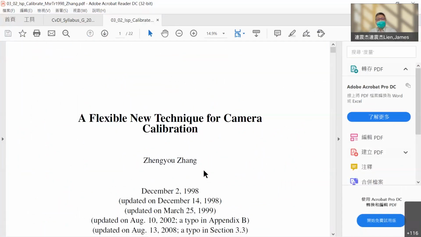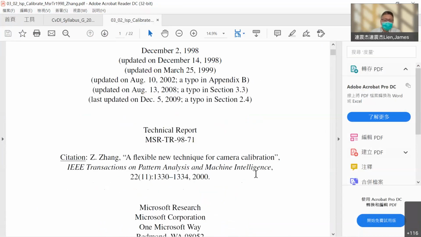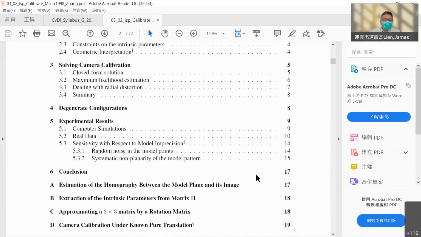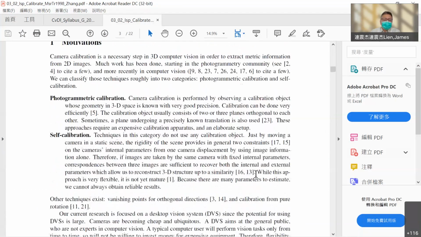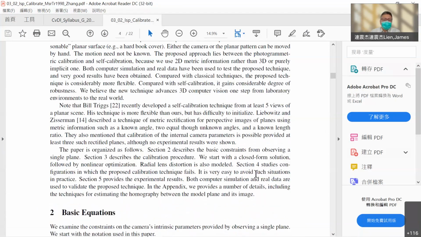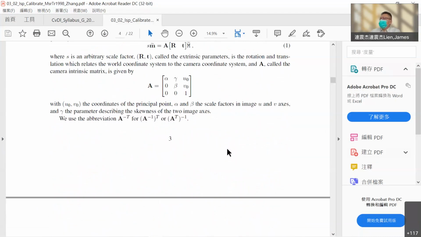It's a technical report. So I will follow this technical report because it's better than the paper. So you can study this one. It is almost the same because my lecture is based on this one.